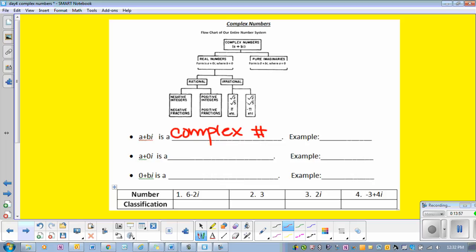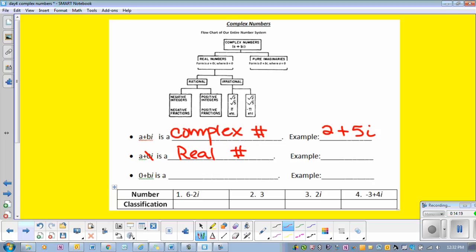So, for example, 2 plus 5i, because it has a real part and it has an imaginary part. How about this? A plus 0i. Well, then the i goes away. What's just the a? That's a real number.